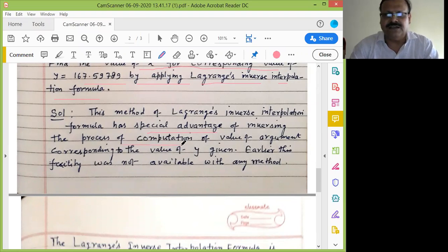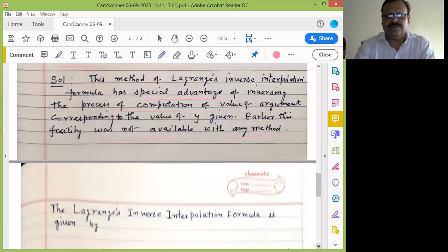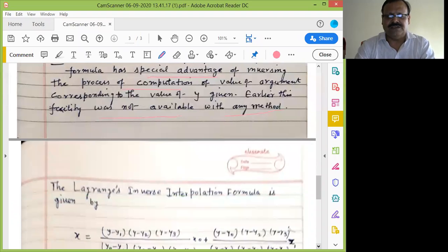As we have already discussed, the value of the argument corresponding to the value of y can be computed. Earlier, this facility was not available with any method. So this is a very special advantage of this method.